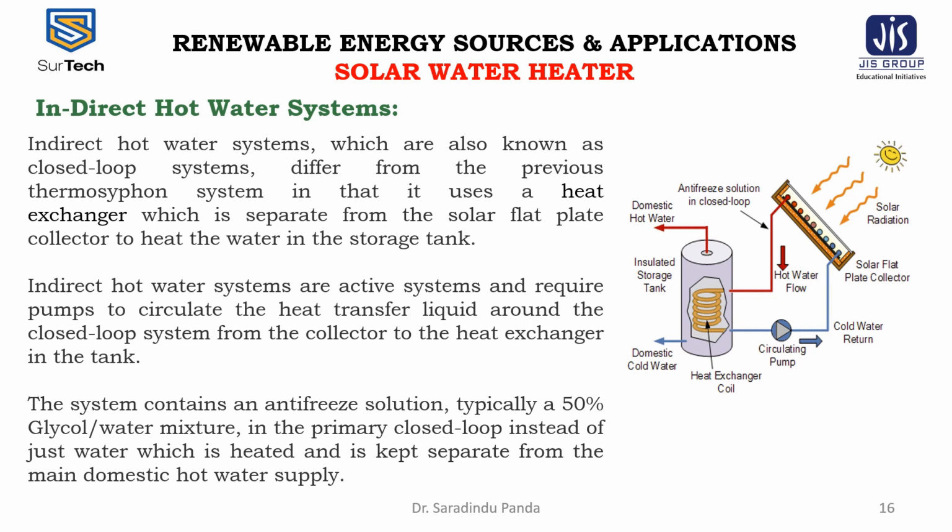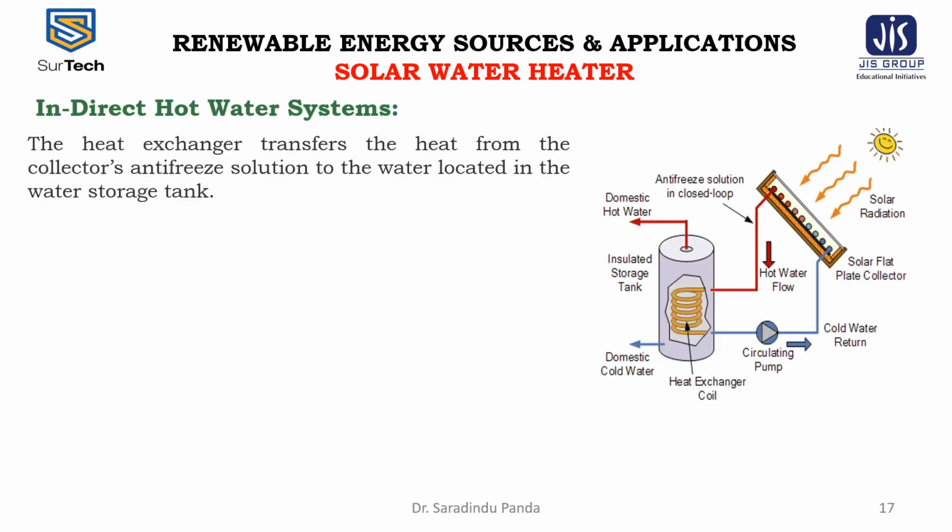The system contains an antifreeze solution, typically a 50% glycol and water mixture, in the primary closed loop instead of just water, which is heated and is kept separate from the main domestic hot water supply. The heat exchanger transfers the heat from the collector's antifreeze solution to the water located in the water storage tank, which is shown in the figure, the antifreeze solution in the closed loop.